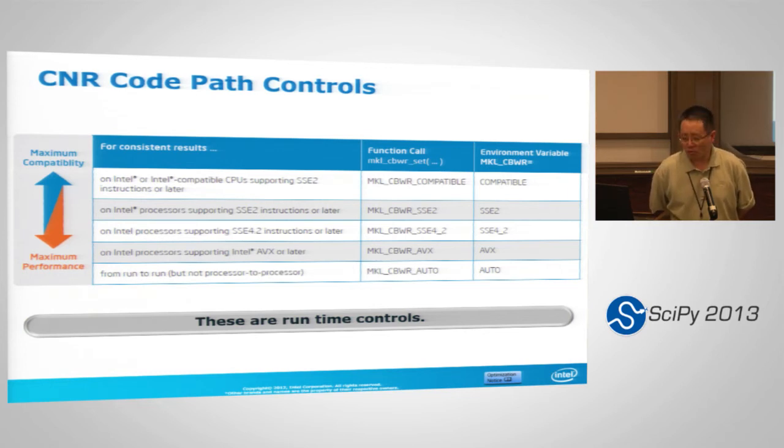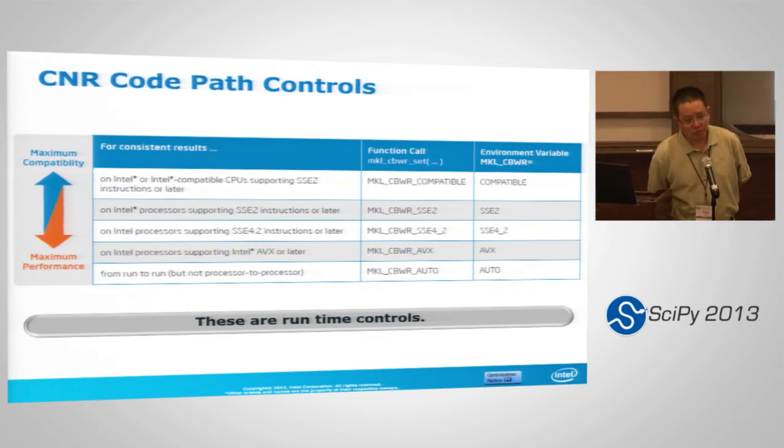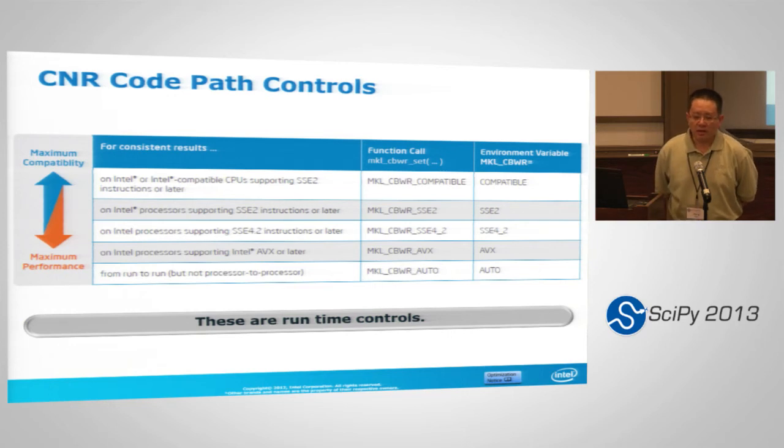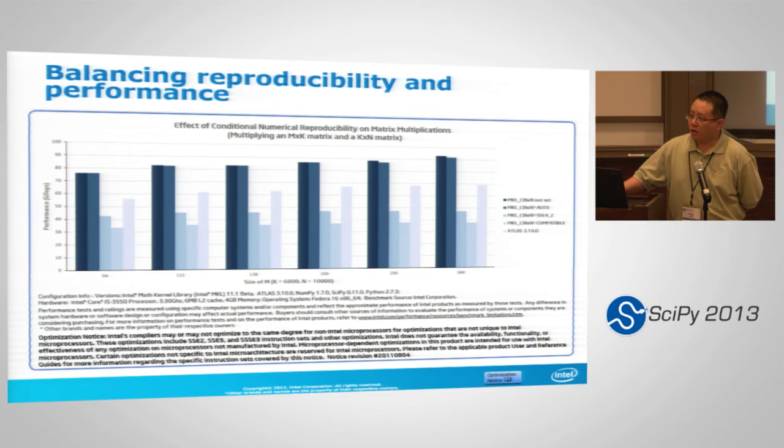Then on both systems, you set the environment variable to SSE 4.2, which is exactly the previous example. Then let's say you have one Intel system and one non-Intel system, say an AMD system, and you want to get bitwise identical results on both. Then you set the environment variable to compatible.